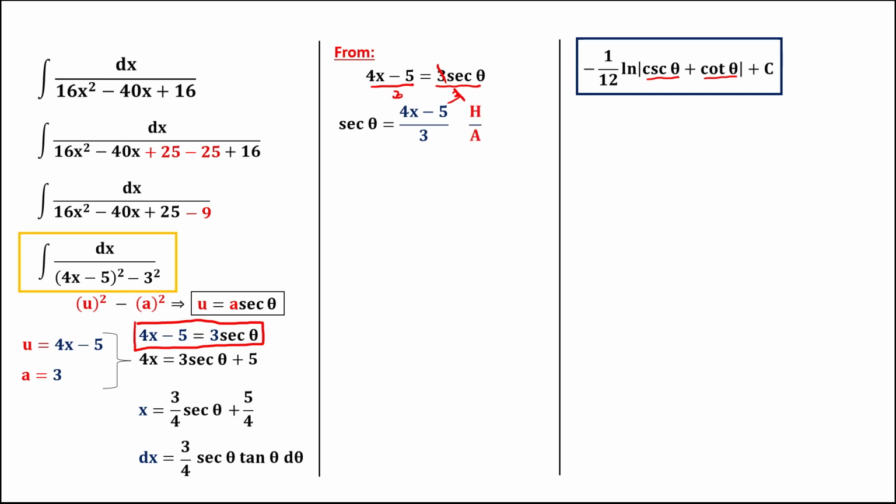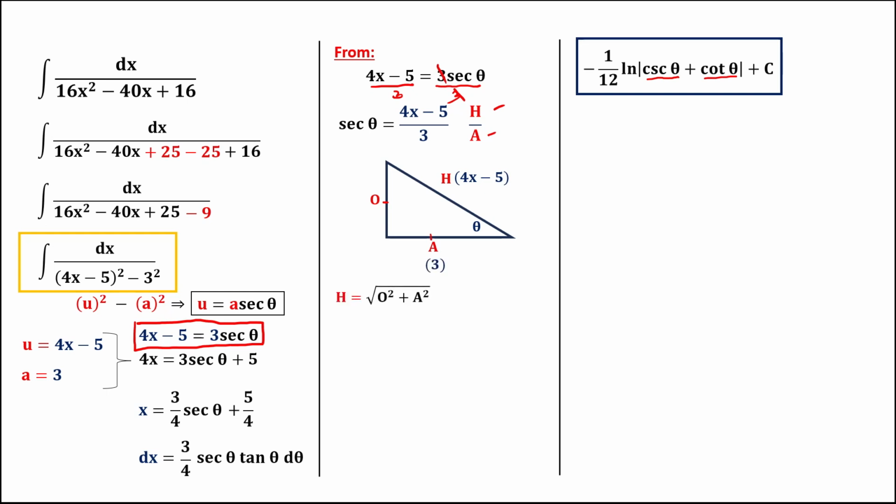Then since secant is equal to hypotenuse over the adjacent, in a right triangle, this is now theta, and this side is the opposite. This side is the adjacent, and this one is the hypotenuse. So the hypotenuse is equal to 4x minus 5, and the adjacent is positive 3.